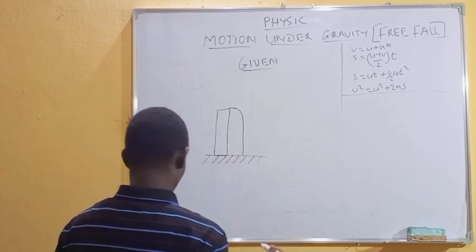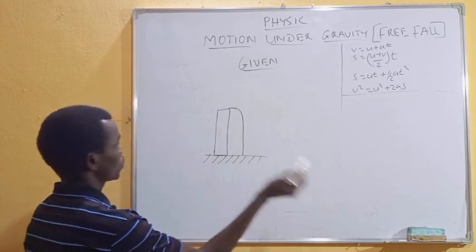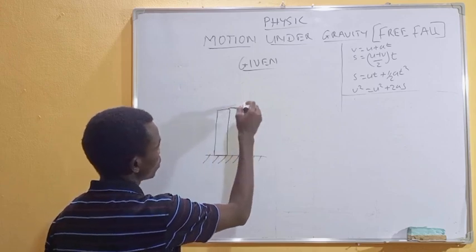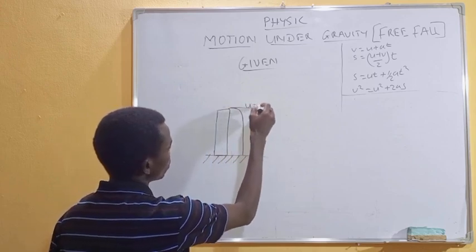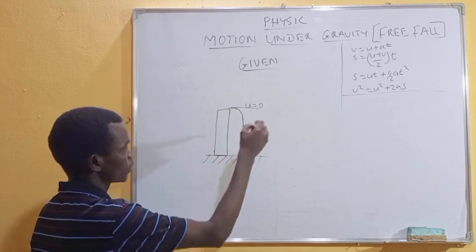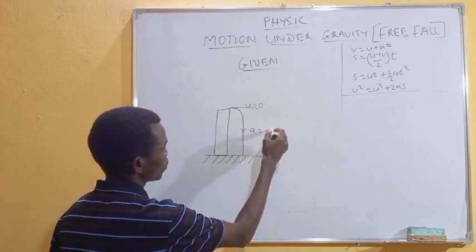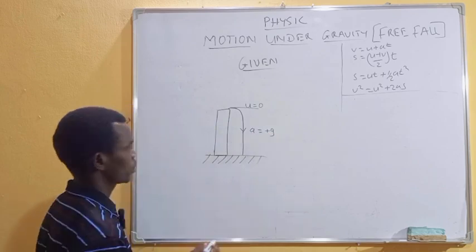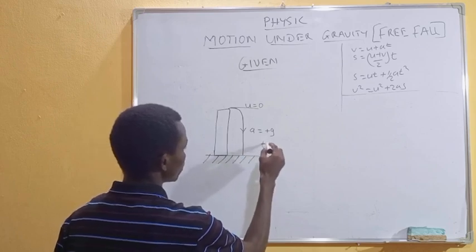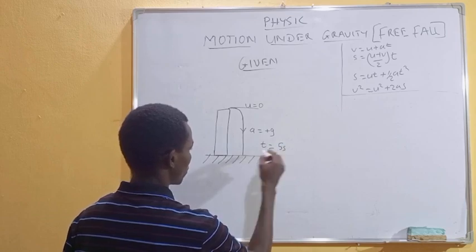From our previous explanation, we say that when a ball is released from rest, u is equal to 0. And since the ball is going downward, acceleration becomes positive g. The time taken for the ball to reach the ground, t, is equal to 5 seconds.